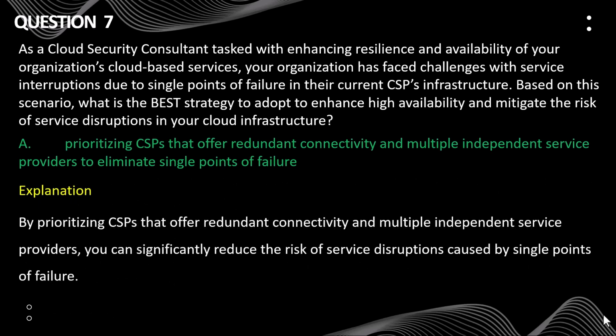By prioritizing CSPs that offer redundant connectivity and multiple independent service providers, you can significantly reduce the risk of service disruptions that are caused by single points of failure. That's why the answer here would be option A. This strategy ensures that your cloud-based services have built-in redundancy and failover capabilities across multiple network paths and service providers.